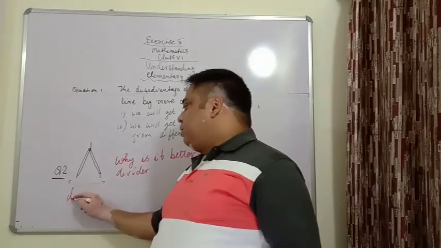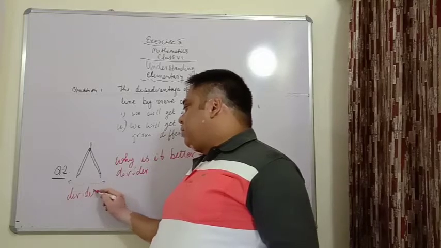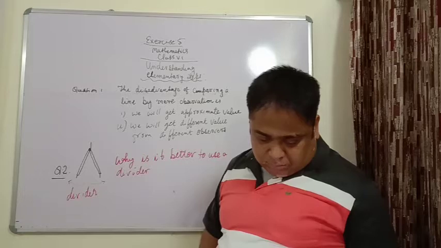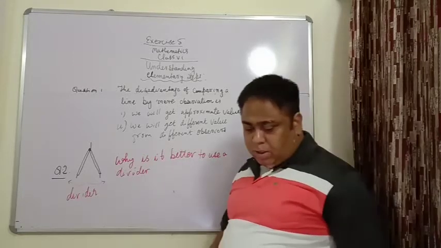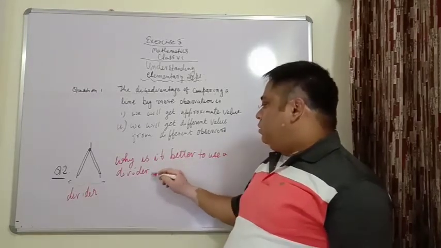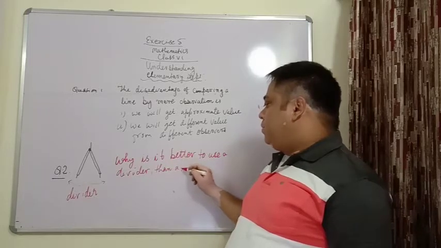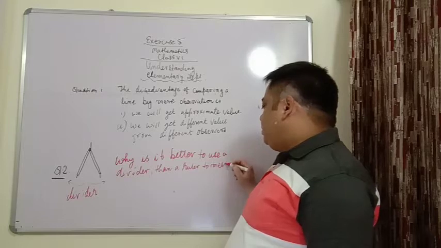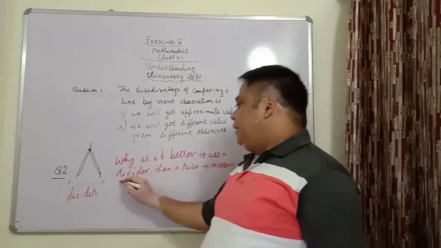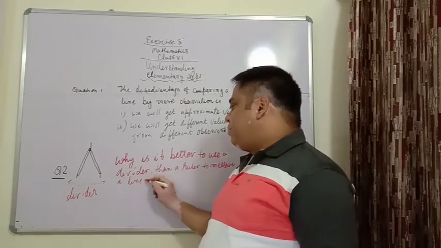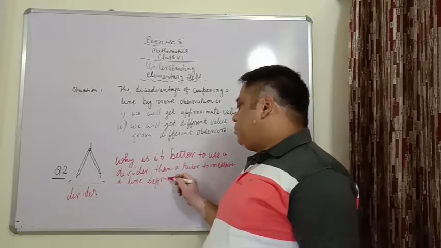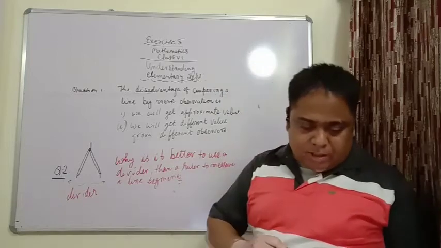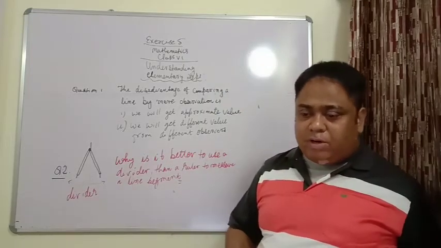Divider means this tool, divider, than a ruler, to measure a line segment. Alright. Now to measure a line segment, it is always good to use a divider and not a ruler.